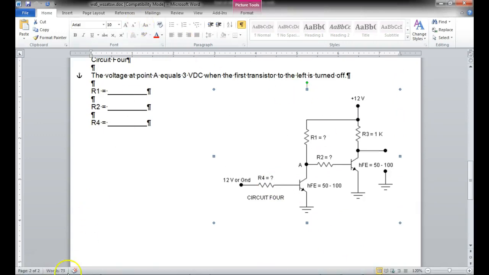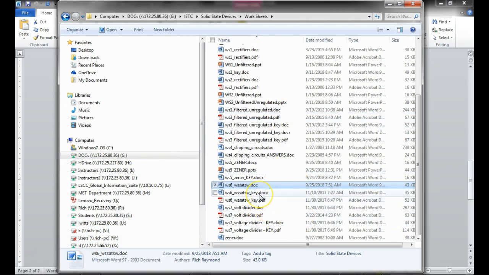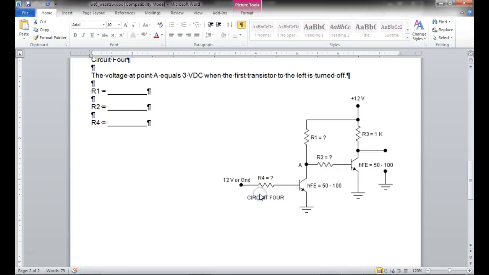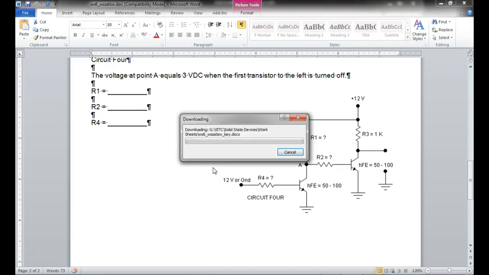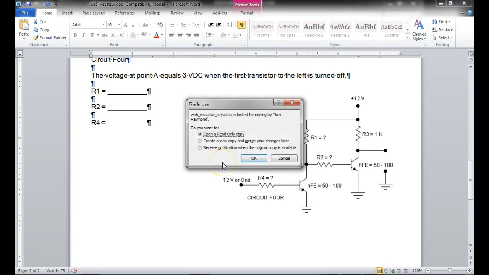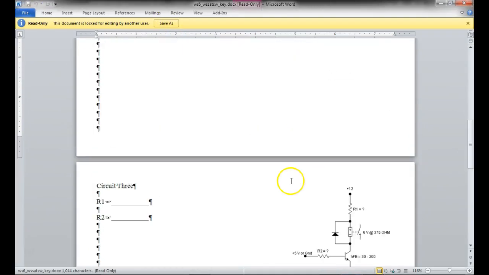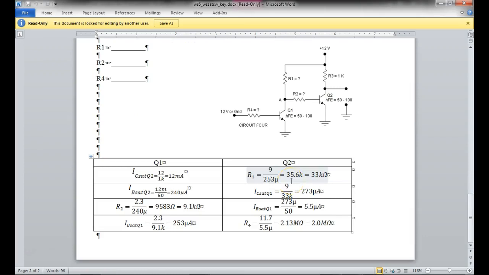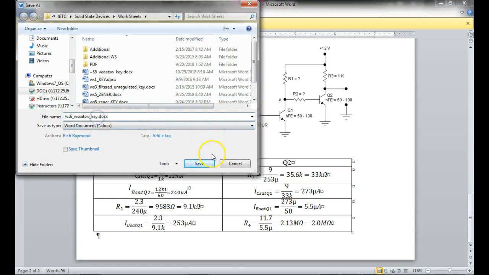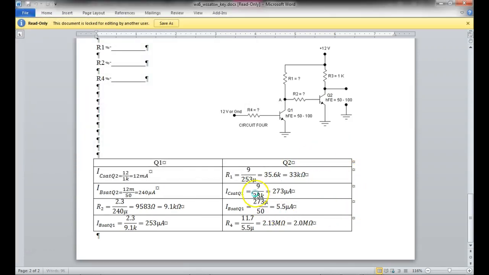What I need to do is bring up the key and show you where we're at. Okay. So we're looking at this guy right here. Are y'all listening? Okay.